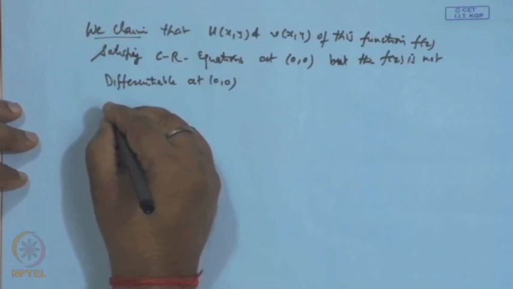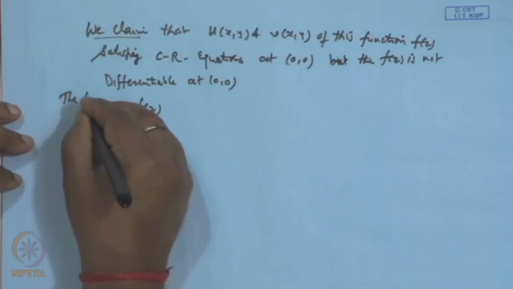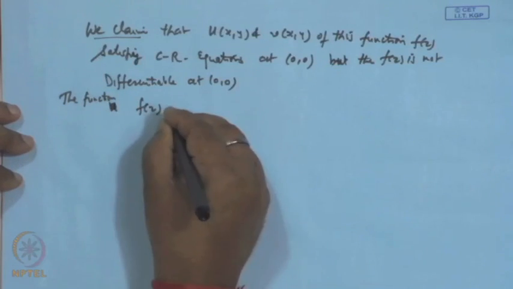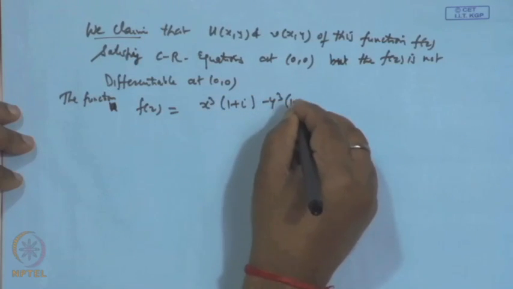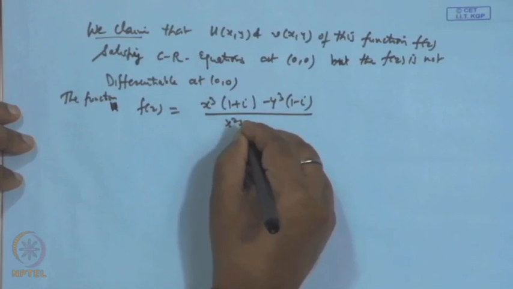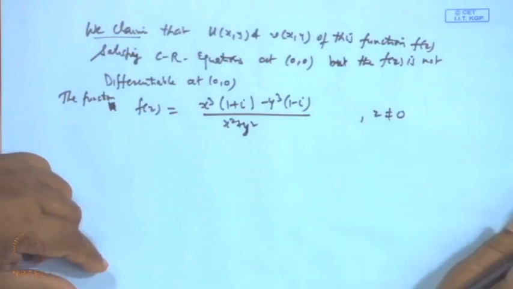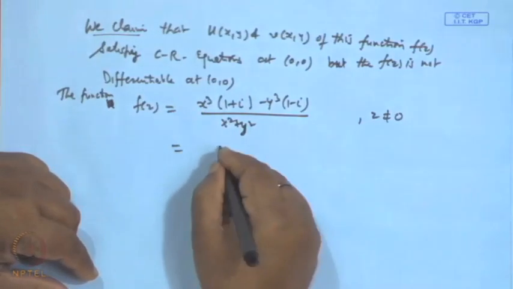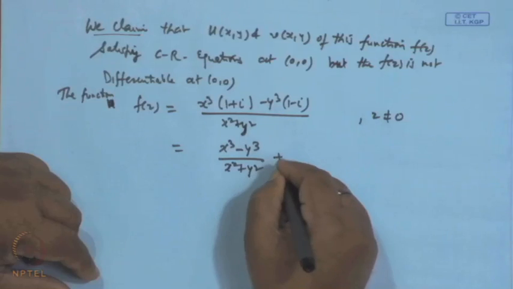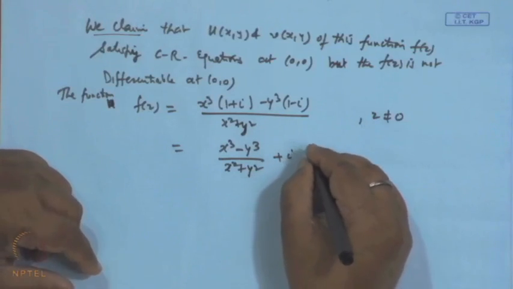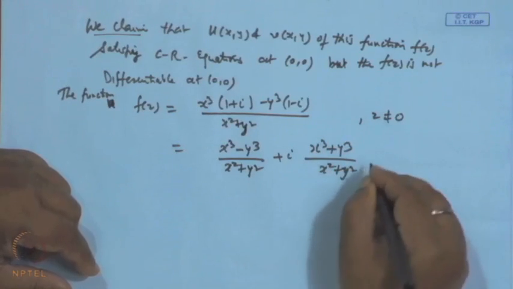What is the function u? The function f z is x cube into 1 plus i minus y cube into 1 minus i over x square plus y square, is it not, when z is not equal to 0. So, this function we can write like this: x cube minus y cube over x square plus y square plus i times x cube plus y cube over x square plus y square.